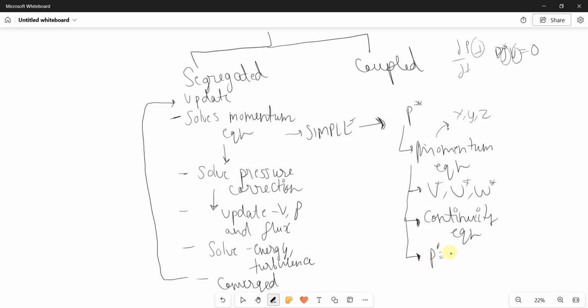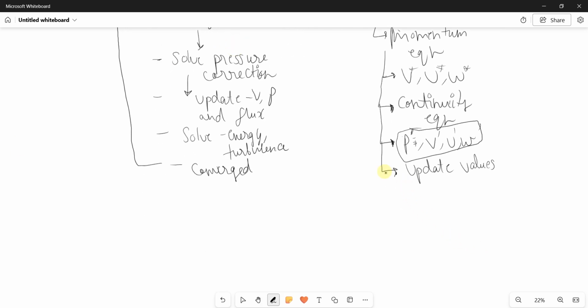So you find some pressure correction term, then you find velocity correction terms, right? These correction terms are calculated by the solver using some internal methods, and then you update the values. How are the values updated?